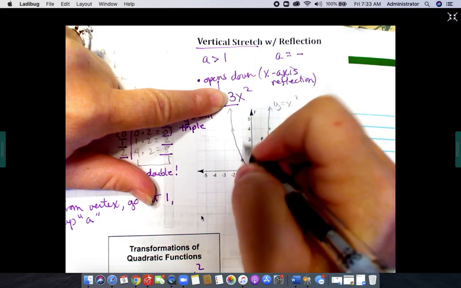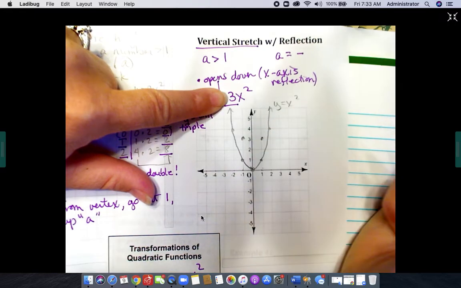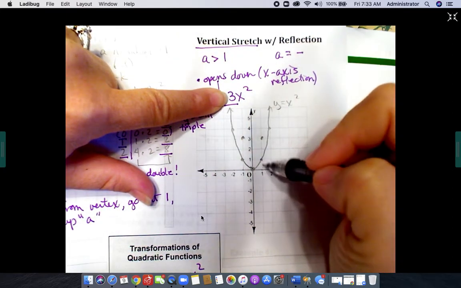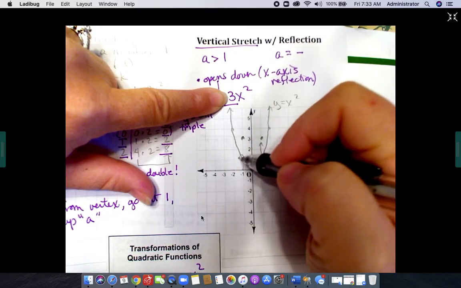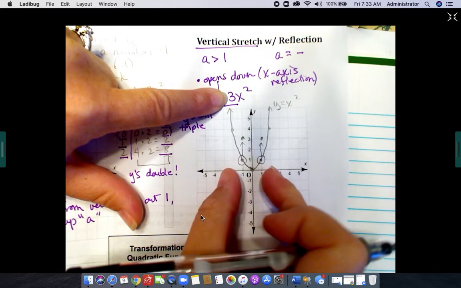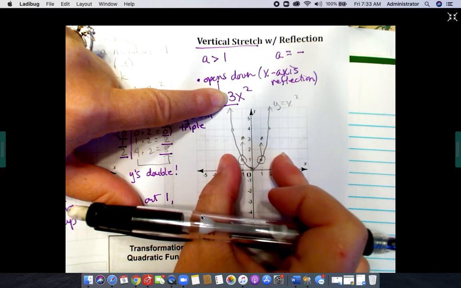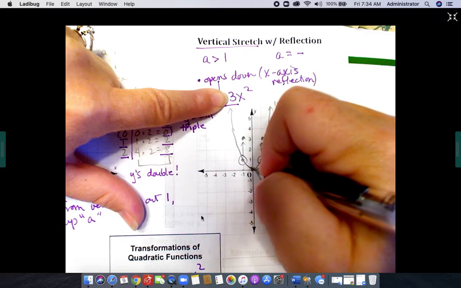Negative 1, if I triple it, after squaring it, I'm going to get a point at negative 1, 3. And that's really all you need, to recognize to move this point. You're going to take these 2 points on either side of the vertex and move those. You'll see that when you do this in Desmos, the rest of the graph will move. You only have to move 1 point to get it to go in the right spot.